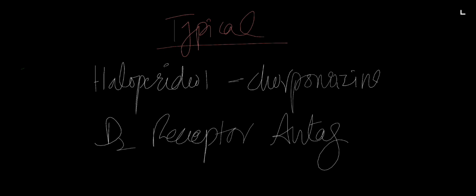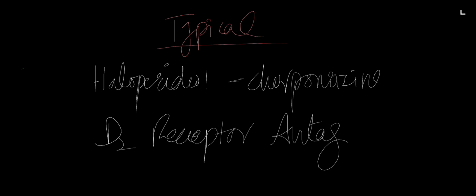Contraindication is particularly when you are giving the IM form, intramuscular injections. Don't give in acute myocardial infarction, sick sinus syndrome, bradycardia, or severe hypotension. Intramuscular injection of atypical antipsychotics is contraindicated in these conditions.